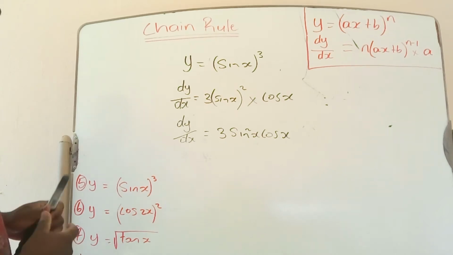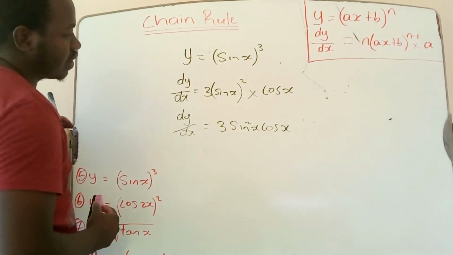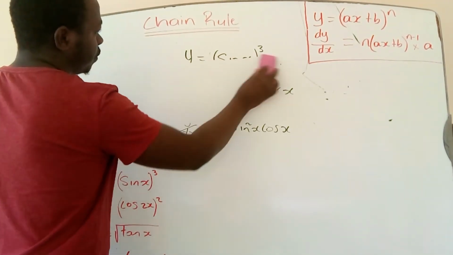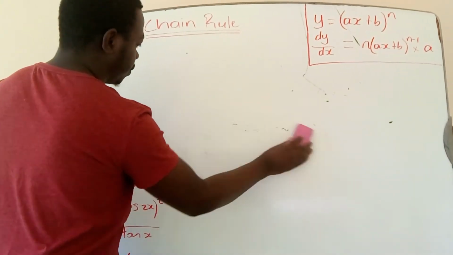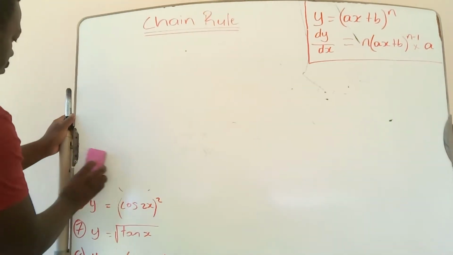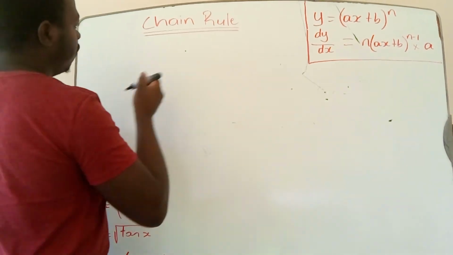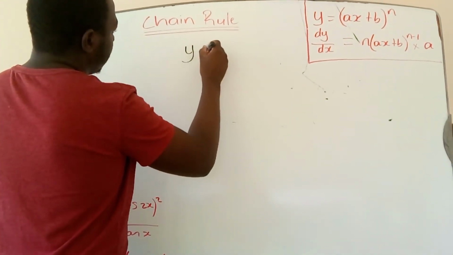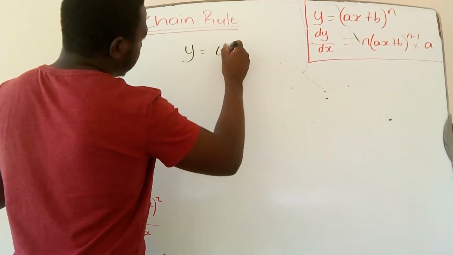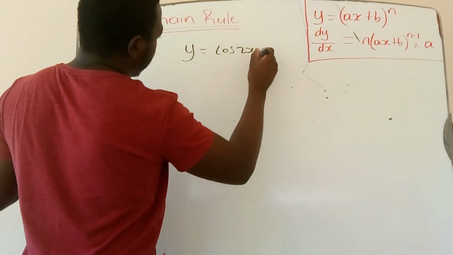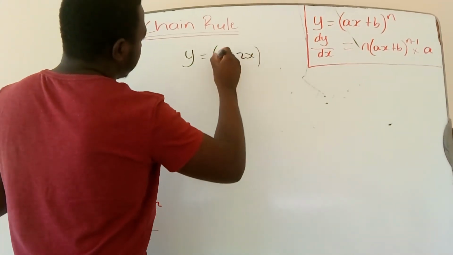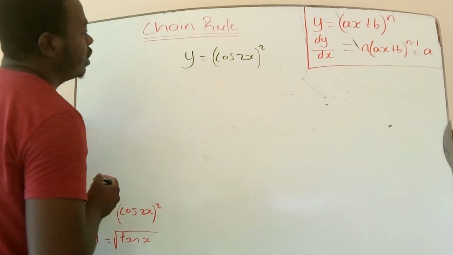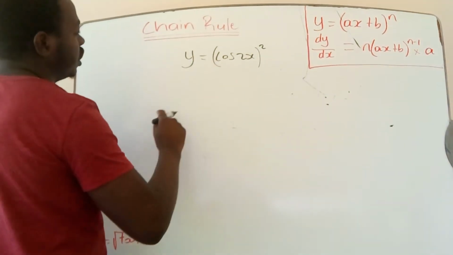Now let's look at the sixth example. A function which is y is equal to cos 2x, right? All of that raised to the second power. And you are asked to use the chain rule to differentiate this.